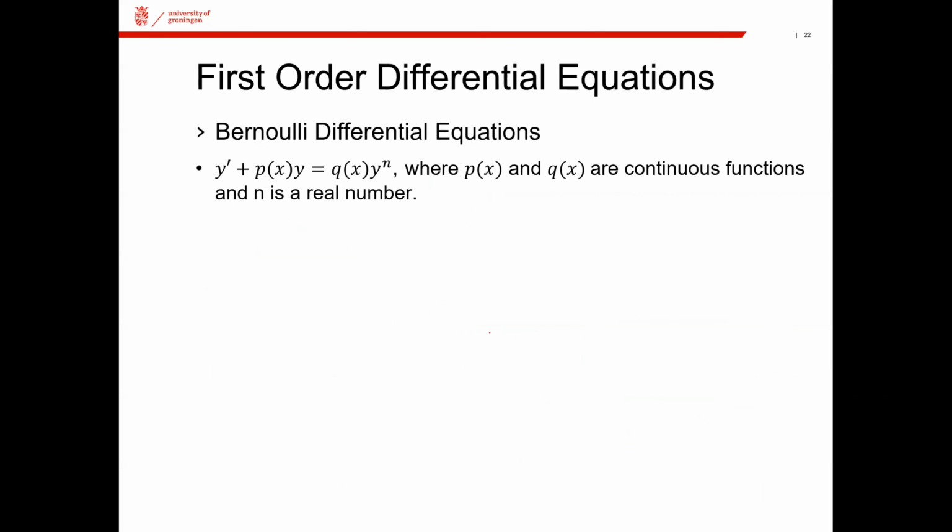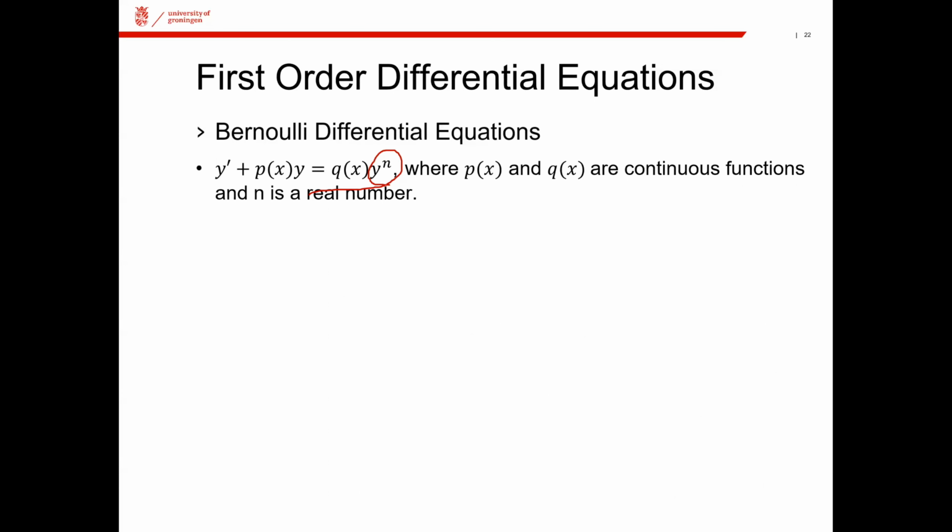Okay, the third type of first order differential equations is Bernoulli differential equations. It looks a bit similar to the linear equation, but the linear equations don't have the y to the n on the right side.